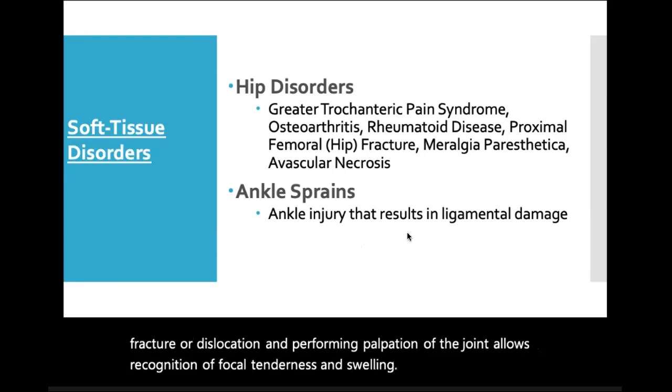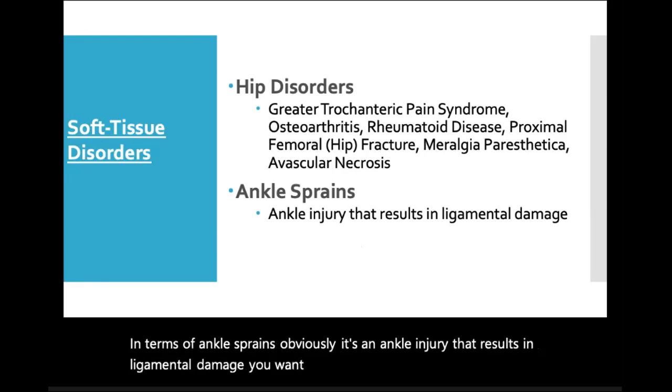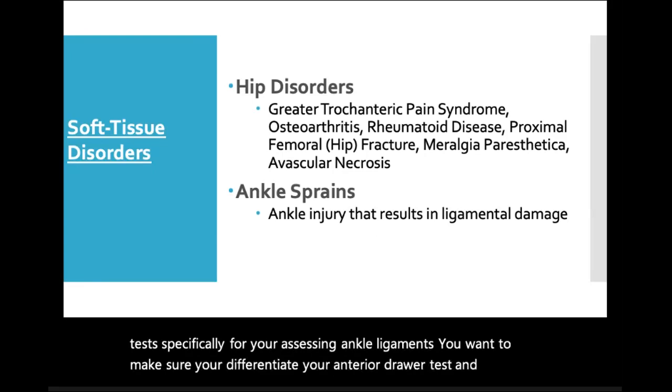In terms of ankle sprains, obviously it's an ankle injury that results in ligamental damage. You want to look at table 52.9, those special tests specifically for assessing ankle ligaments. You want to make sure you differentiate your anterior drawer test and your varus stress test.